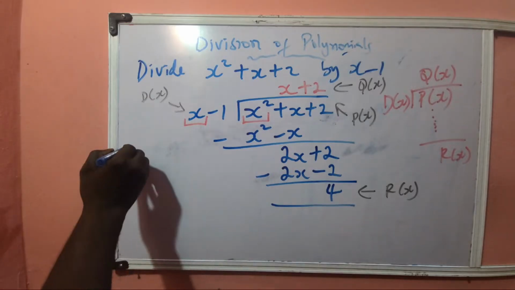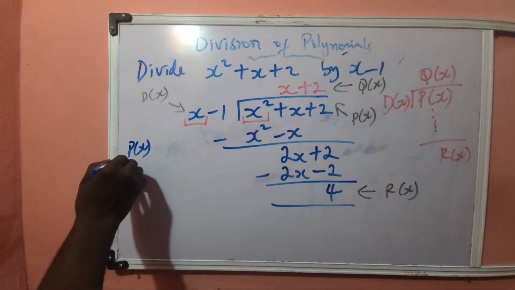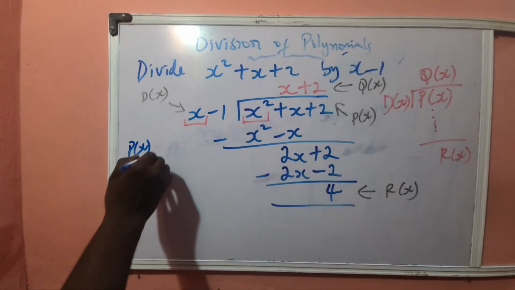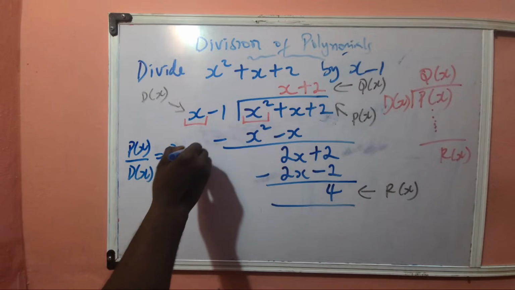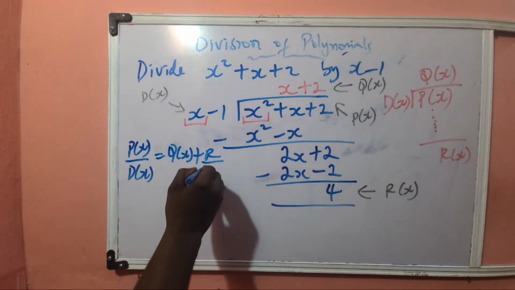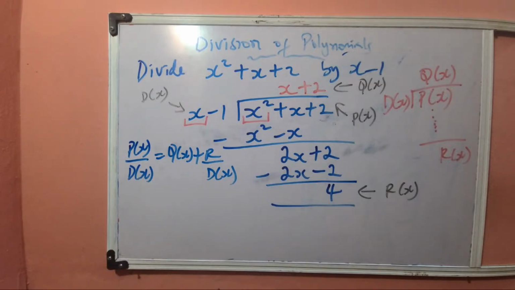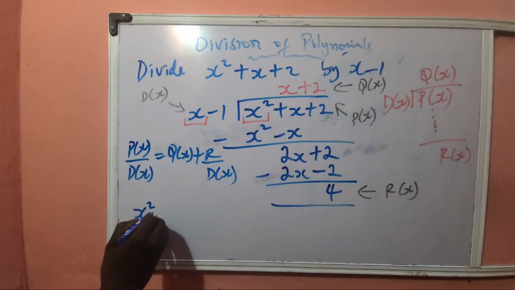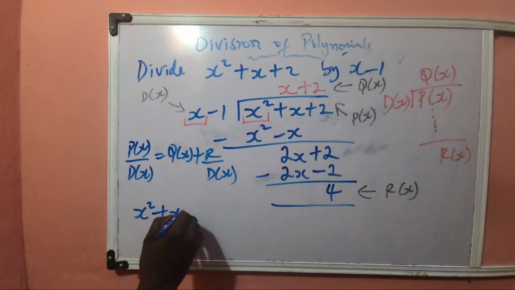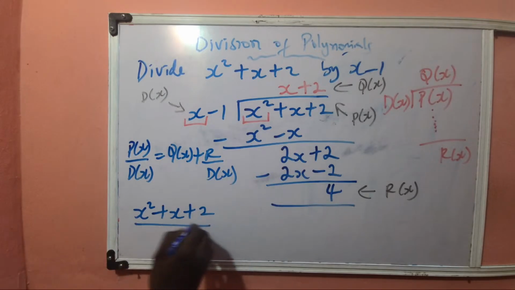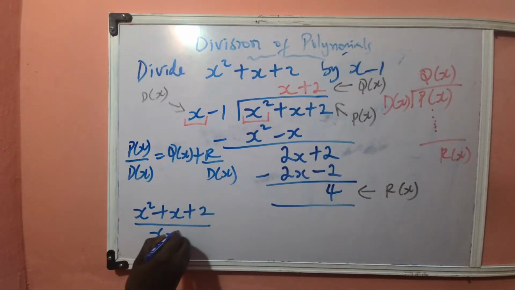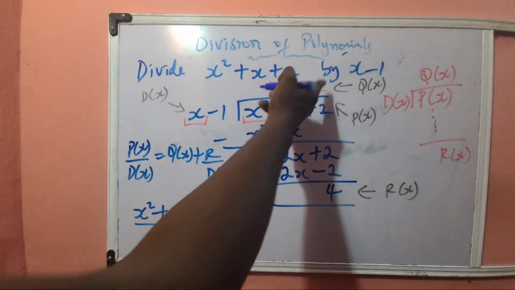I told you that P of x over D of x is equal to Q of x plus remainder over D of x. This was what I told you. So if we use what we have here, you can see that (x squared plus x plus 2) over (x minus 1), which was the divisor, is equal to the quotient.